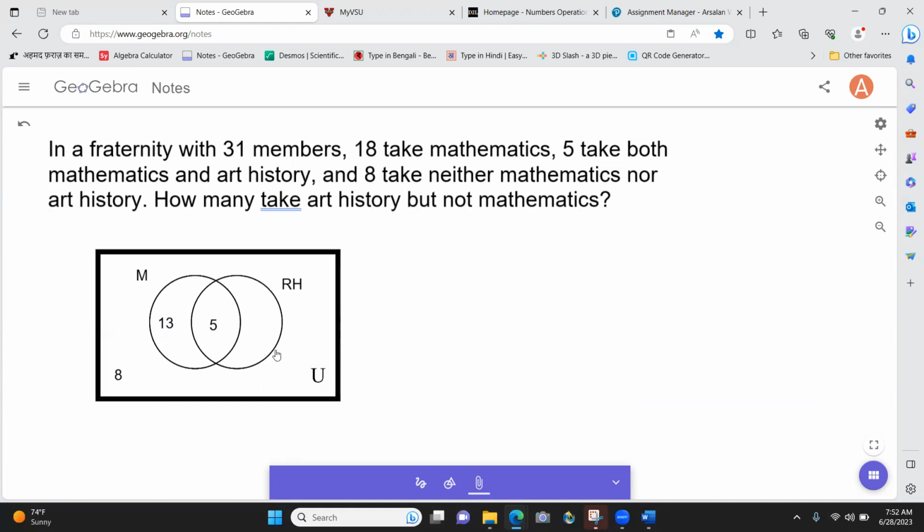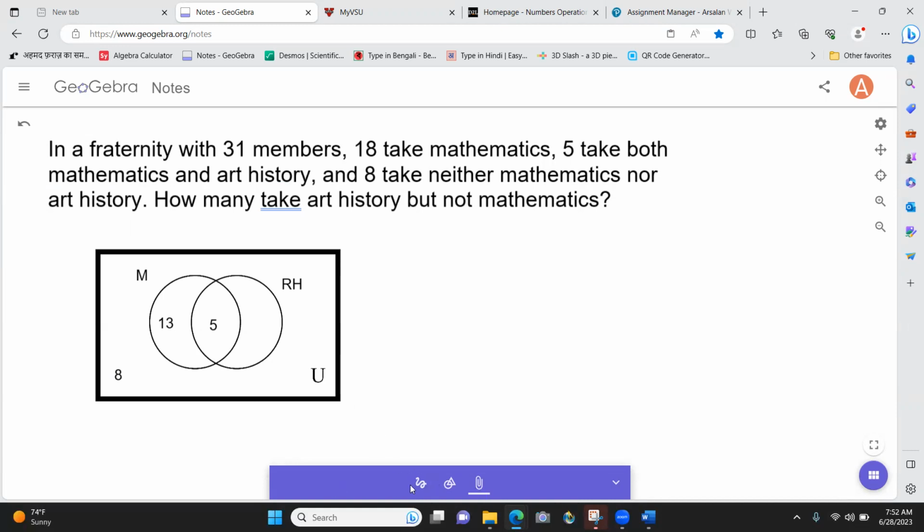Now, when you have a Venn diagram with two circles, you have 4 disjoint regions. This is neither of the two. This is one of the two. This is the other of the two. This is both. So out of these 4 places, you know the values of 3 of them, you don't know the value of the 4th.